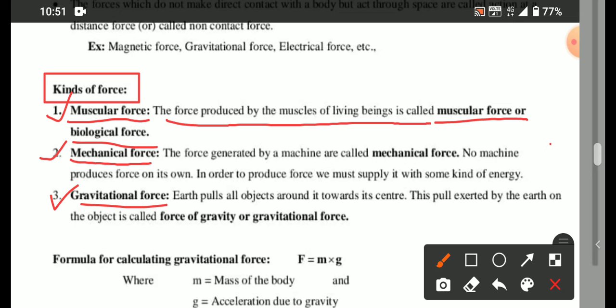The next one is mechanical force. The force generated by a machine is called mechanical force.